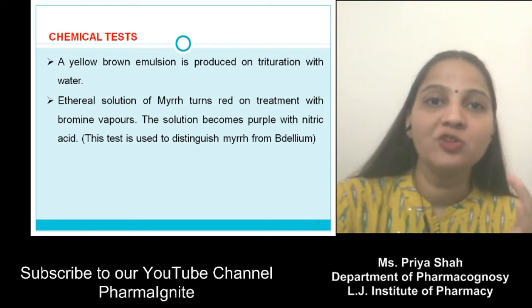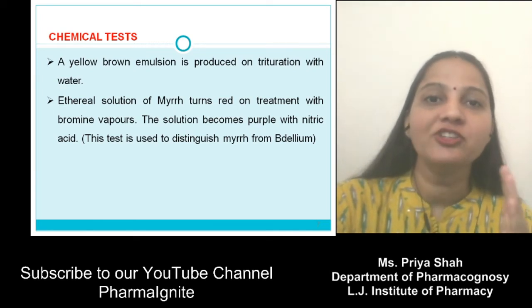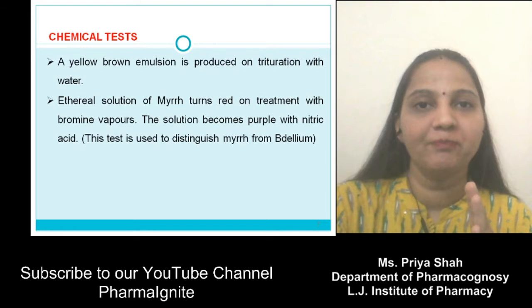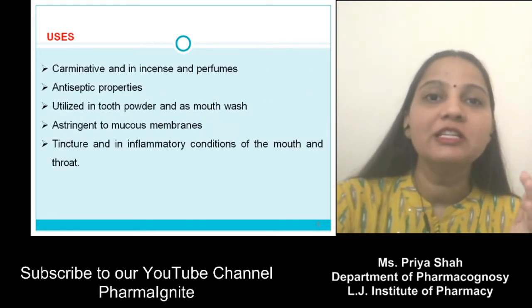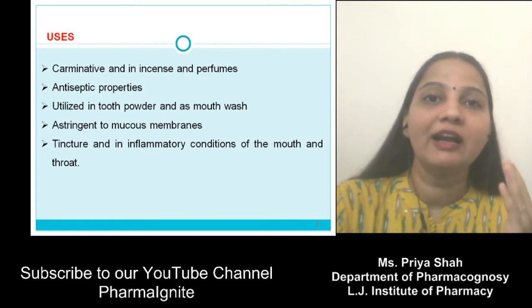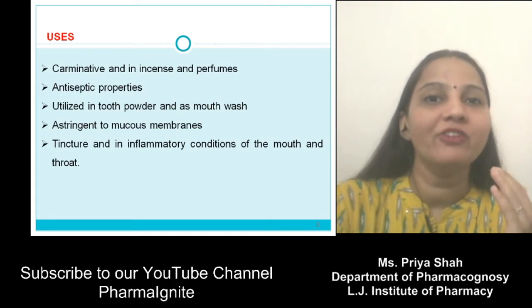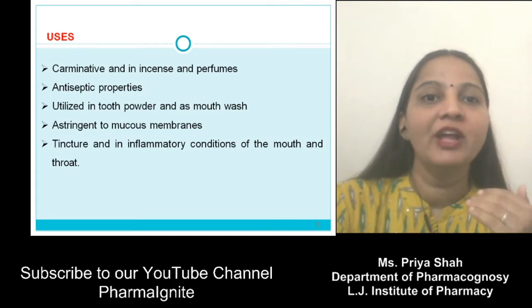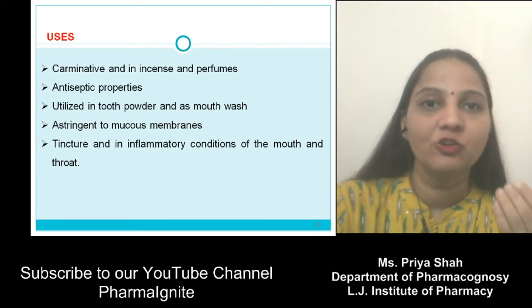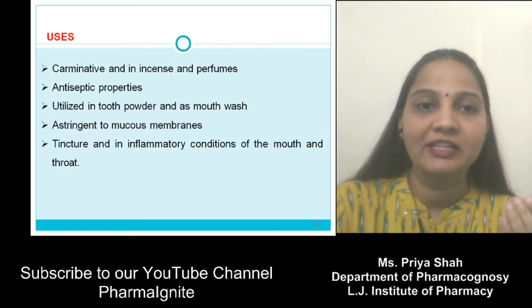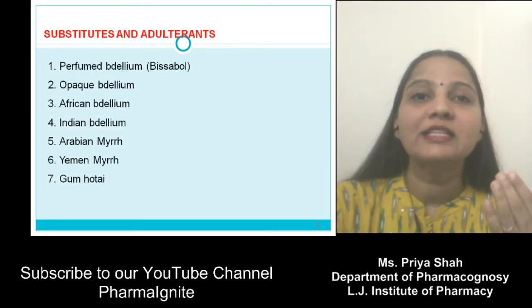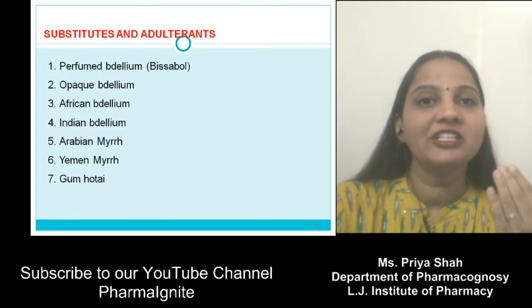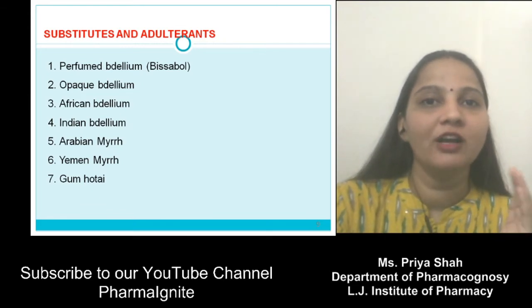This test is used for the identification of myrrh or bdellium. Bdellium is an adulterant of myrrh. The uses: mainly it is used as a preservative. It is also used in perfume, has antiseptic property, is used in tooth powder preparation because of its antiseptic property, and is astringent to the mucous membrane.